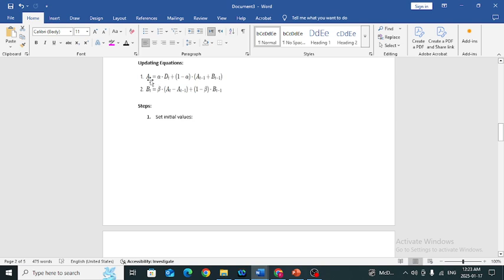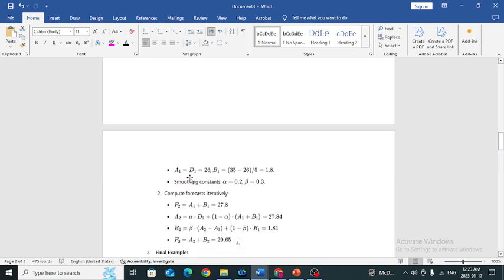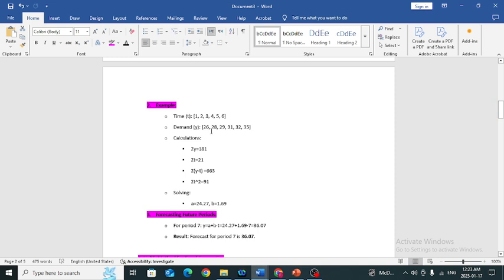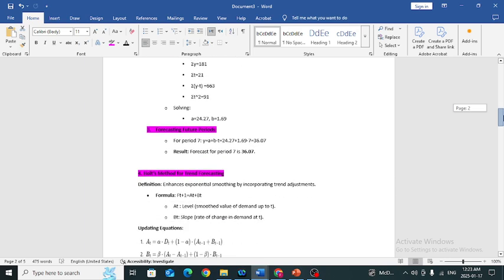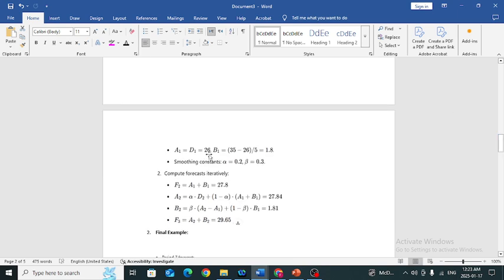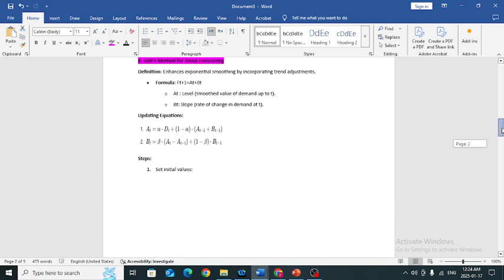For example, A1 is 26, as you can see here. So A1 is equal to 26. B1 was 35 minus 26. Then we want to calculate B1. How should we find this?